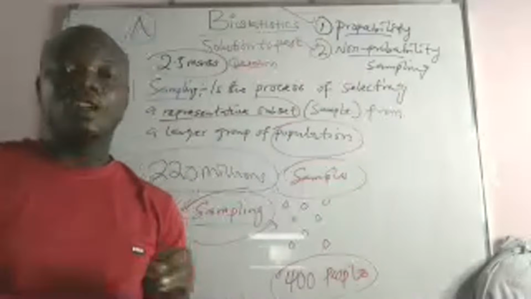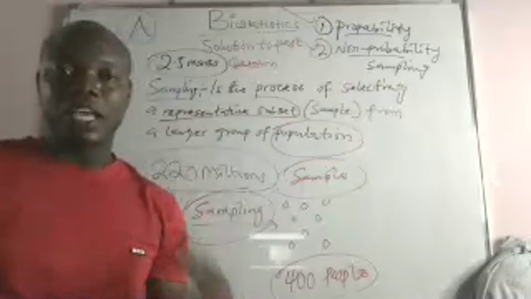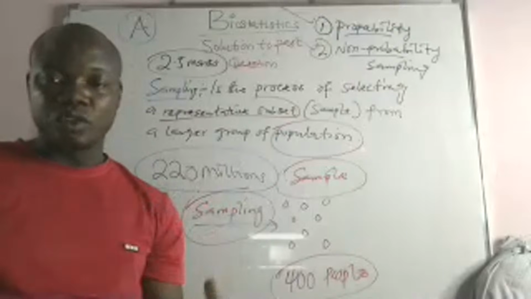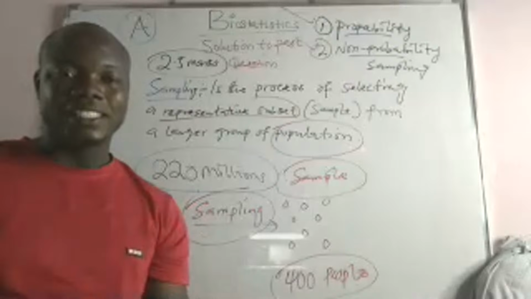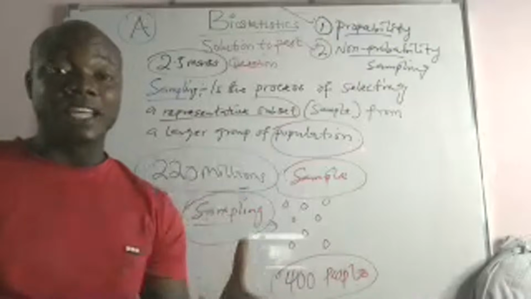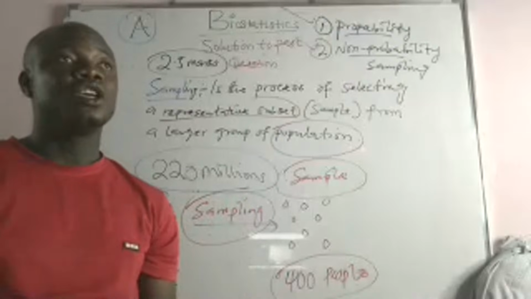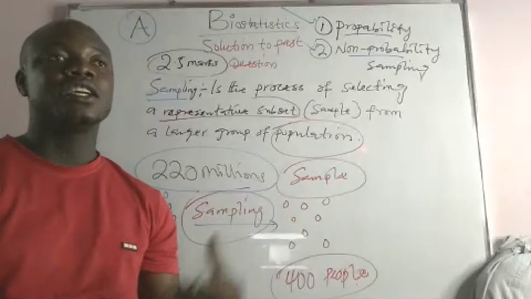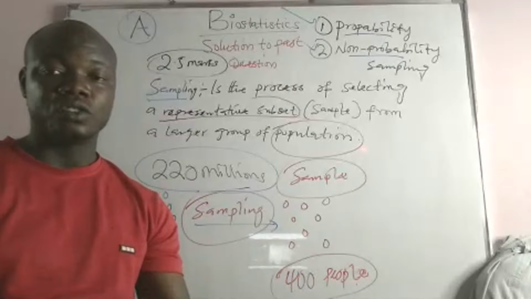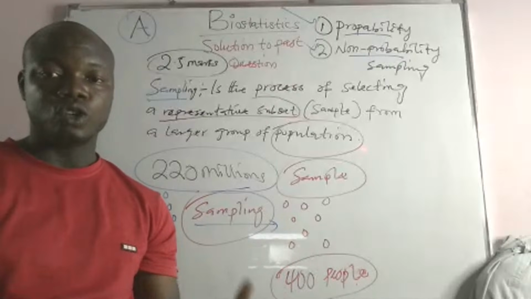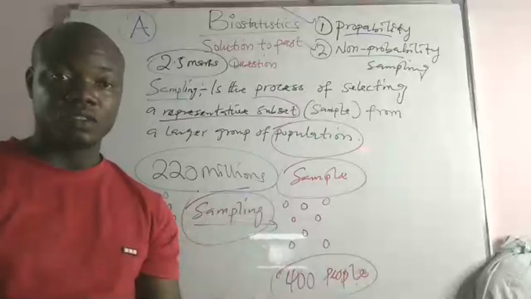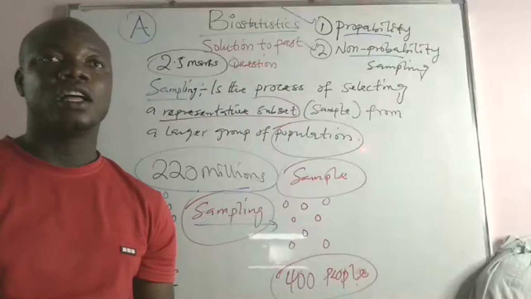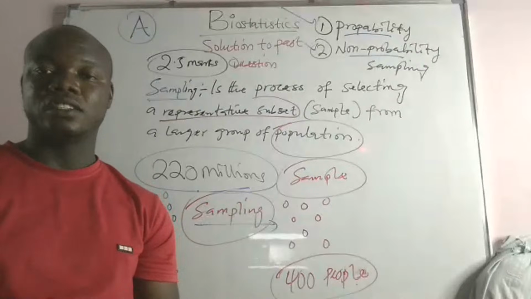Okay, I said in the case of non-probability sampling, it is a type of sampling in which you have your targets. You go to the field and then you go to the targets, meaning that you go with bias. Let's say when you go to the class and you want to test the performance of a student from a particular class, and then you just enter the class and ask who are the good students from the class.